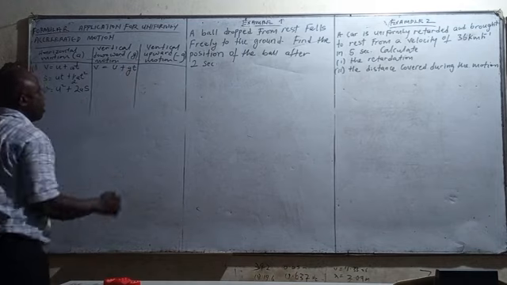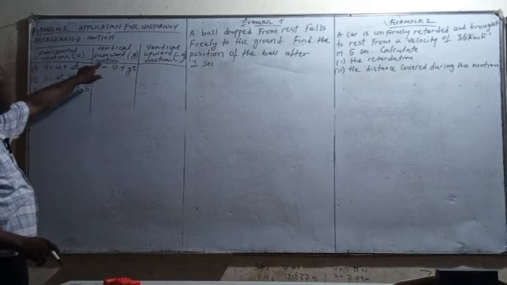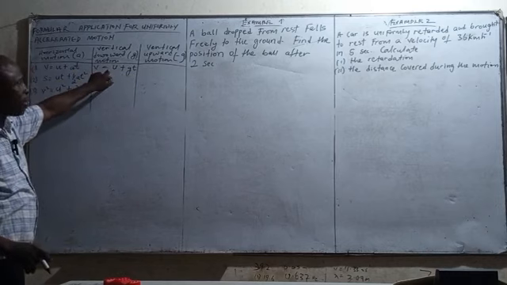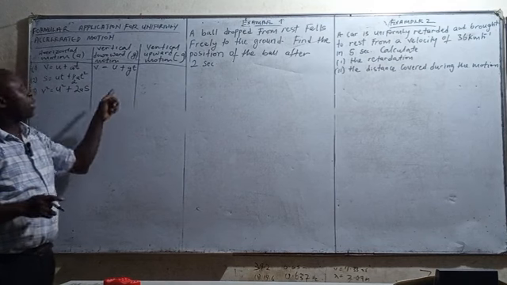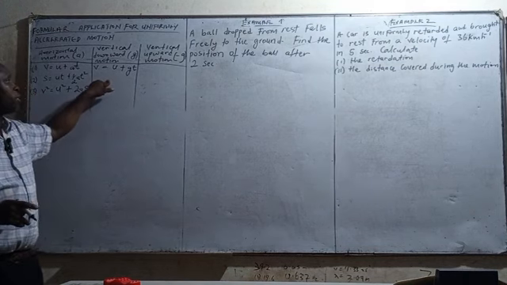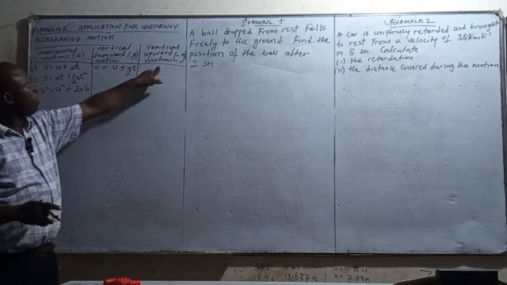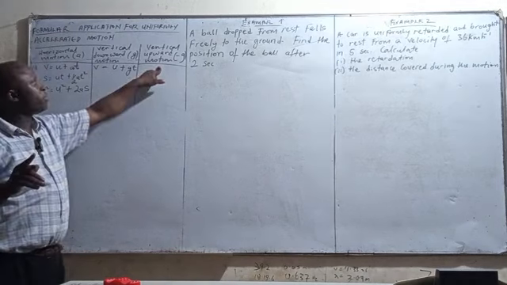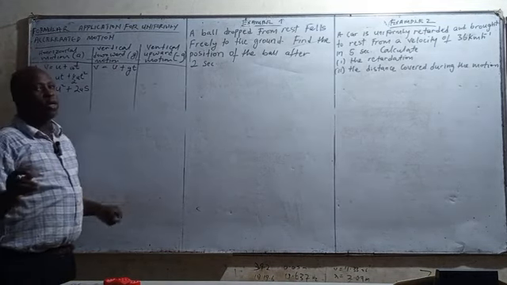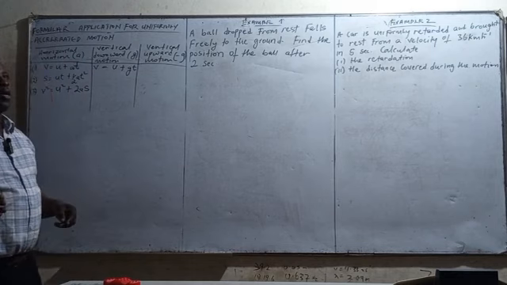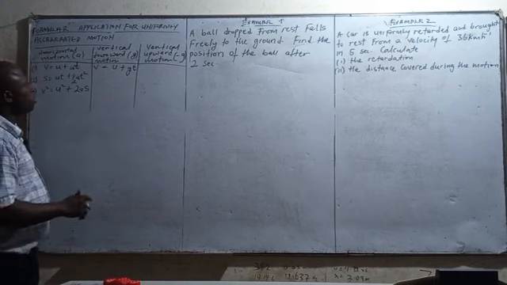I'm going to explain why it is u plus gt. Vertical downward motion is motion under gravity. Such motion is influenced by acceleration due to gravity. For vertical upward motion, also influenced by gravity, the body is working against gravity, so here it is minus g.